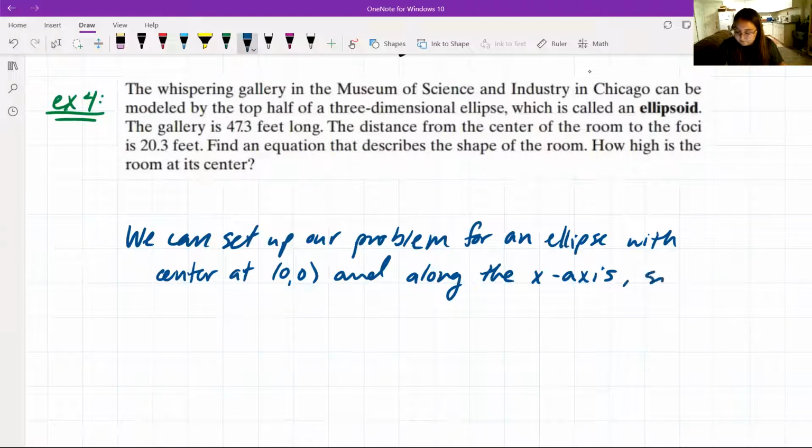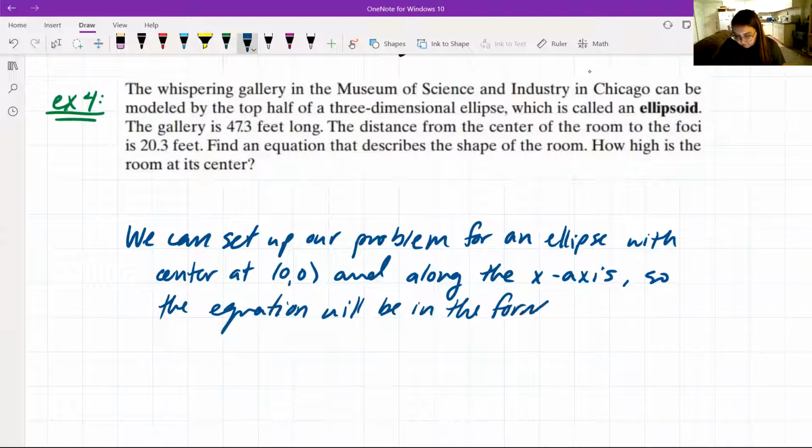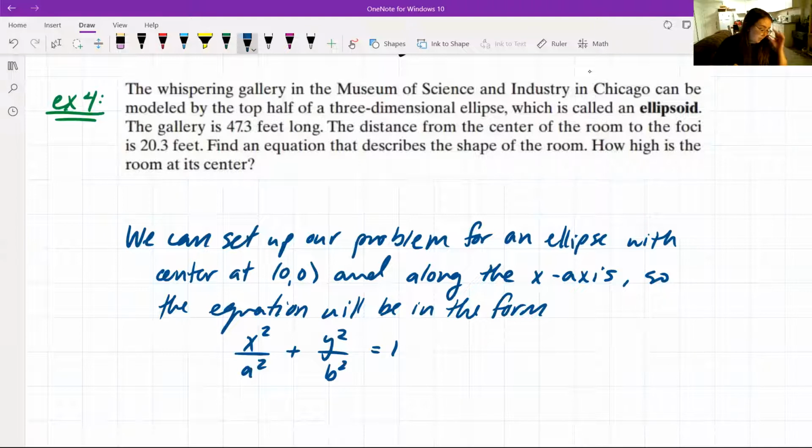So the equation will be in the form x squared over a squared plus y squared over b squared is equal to 1.